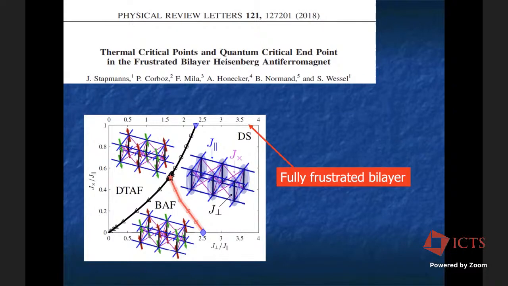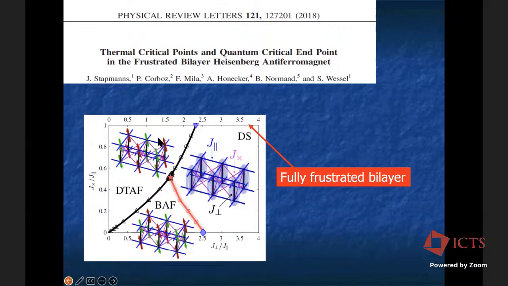So in one dimension, for the fully frustrated ladder, we could do quantum Monte Carlo, but in one dimension we do not expect any phase transition, so there is no real interest in going to low temperature. But if we move to two dimensions, this is another story, because in two dimensions we can have some interesting physical properties. So the model we've looked at is a generalization of the fully frustrated ladder.